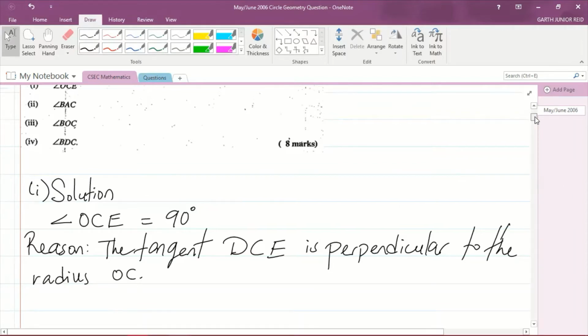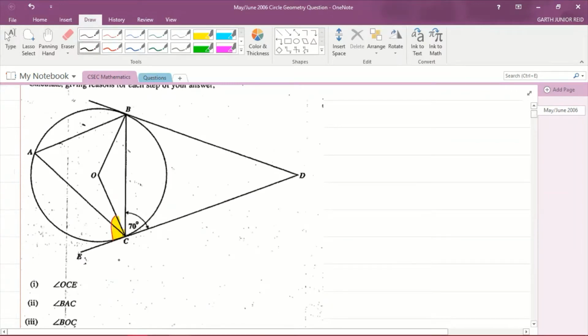So that angle there is 90 degrees. Let us just erase that, and we know that part 1 of the question is now completed.